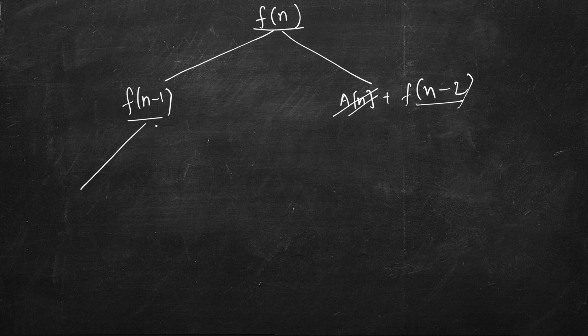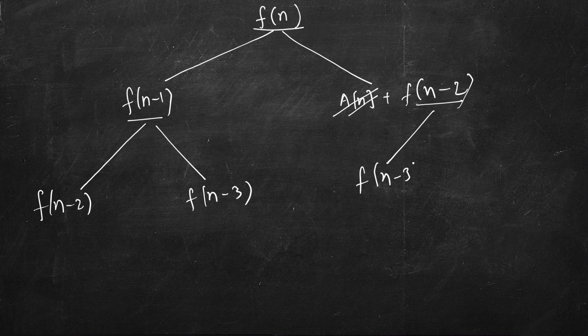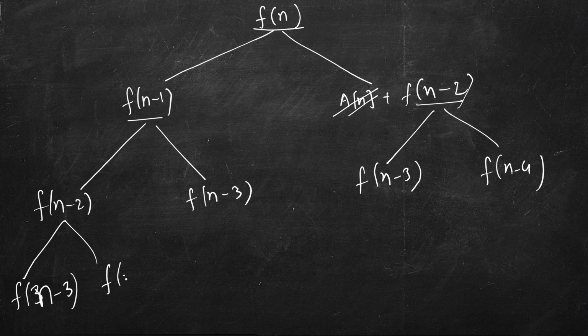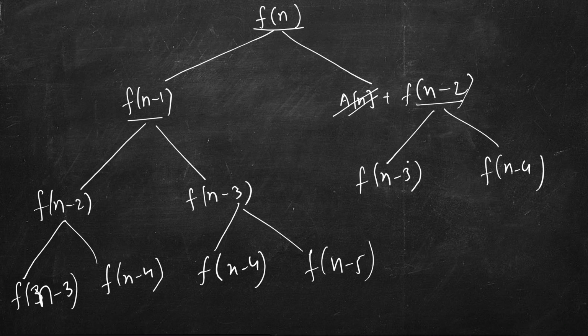Again, when we expand fn minus 1, we will need fn minus 2 and fn minus 3. Similarly, here we will need fn minus 3, fn minus 4. So you will immediately see that we are seeing something similar to Fibonacci series. Here also we will need fn minus 3, fn minus 4, fn minus 4, fn minus 5, and so on.